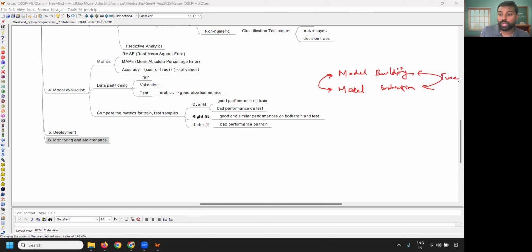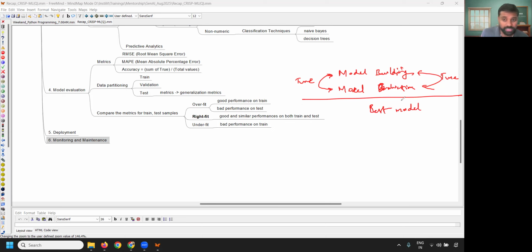We tune the model, we adjust. We keep tuning it until it is giving us the desired result. Clear? Yes, sir.